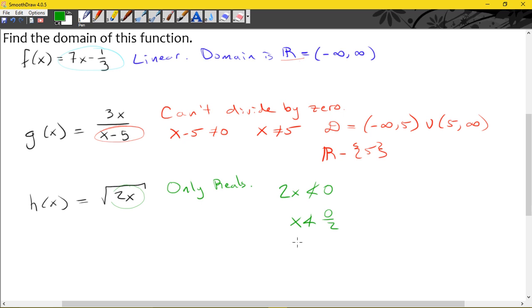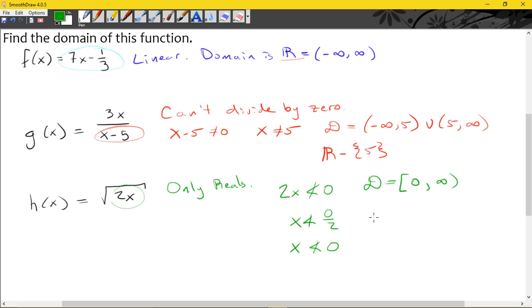I'm solving. That means that x cannot be less than 0. So what's its domain? Its domain is all numbers that are not less than 0. It is allowed to be 0, and it's certainly allowed to be greater than 0. That's the domain.